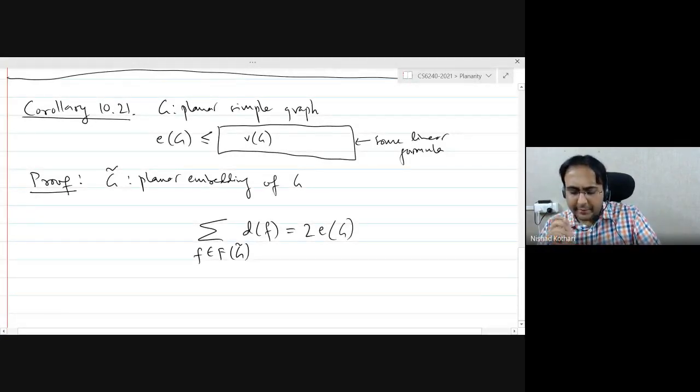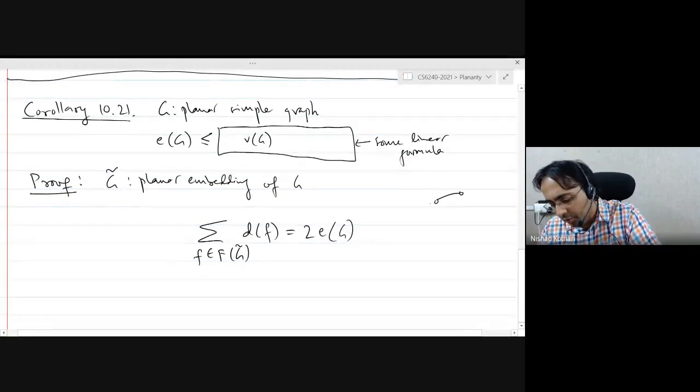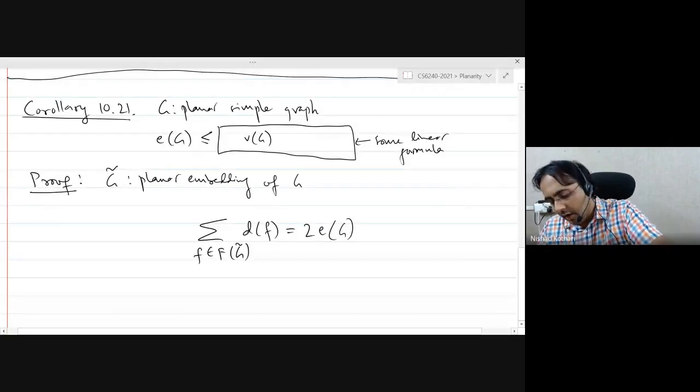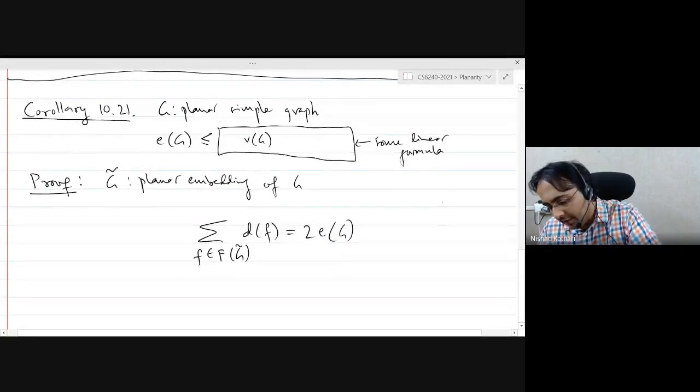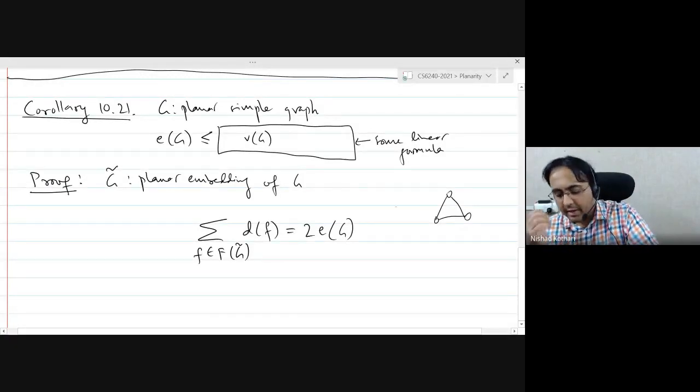But the length of any face in a simple plane graph can't really be 1 or 2 unless your graph is really, really small. Now in this case, the length would be 2, right? But in general, you would imagine that if you think of all faces being bounded by a cycle, but it's true even otherwise, then every face will be bounded by a cycle of length at least 3, right?